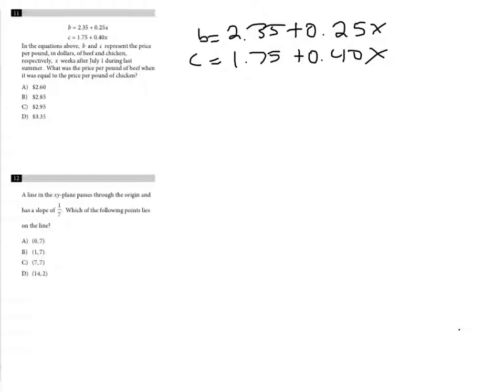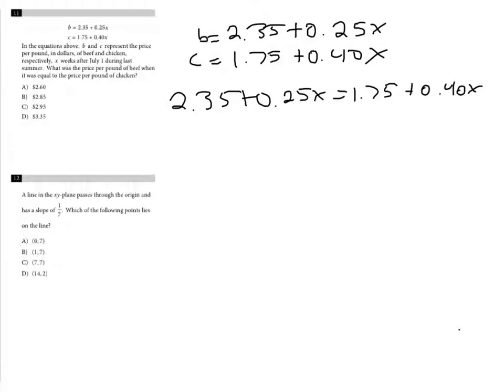So I just rewrote my equation here. B equals 2.35 plus 0.25x, and C equals 1.75 plus 0.40x. They want to know at what time they were equal, so at what week value. What is x when both of these are equal to each other?